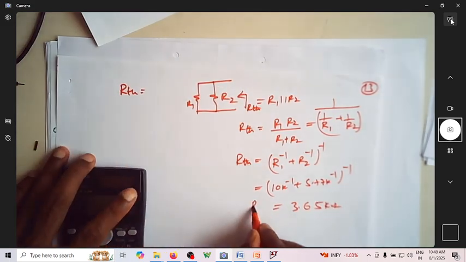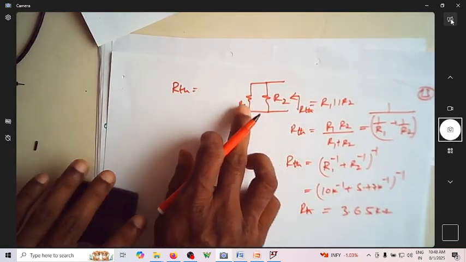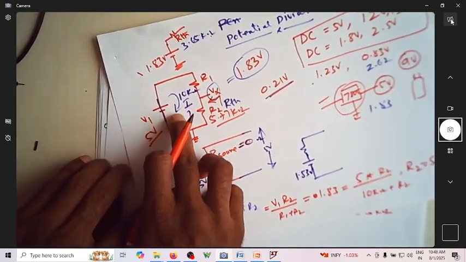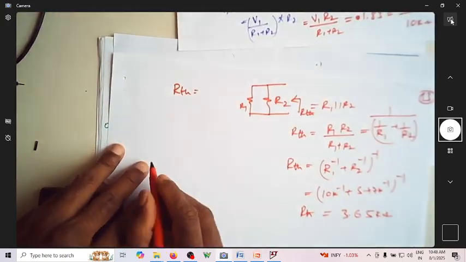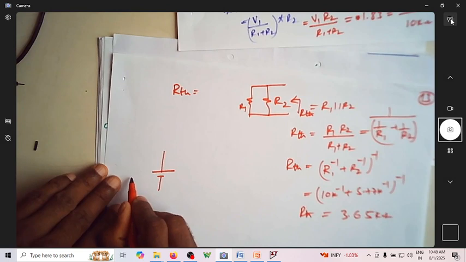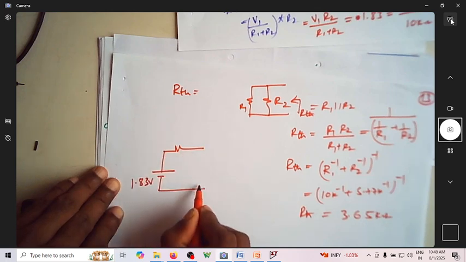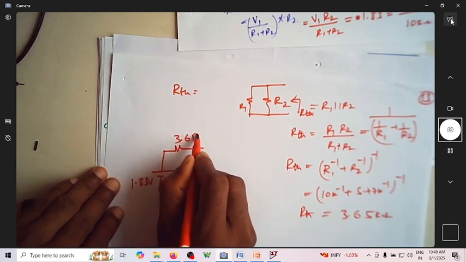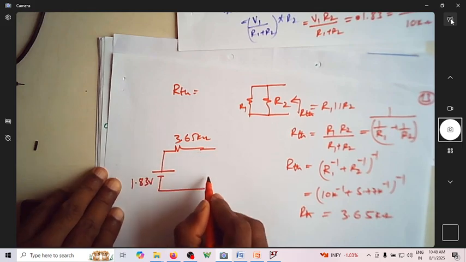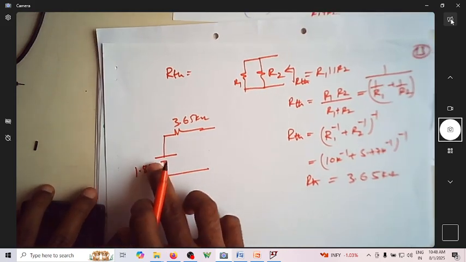This is R Thevenin. Now this potential divider source that I have considered will now look like 1.83 volt in series with 3.65 kilo ohm.